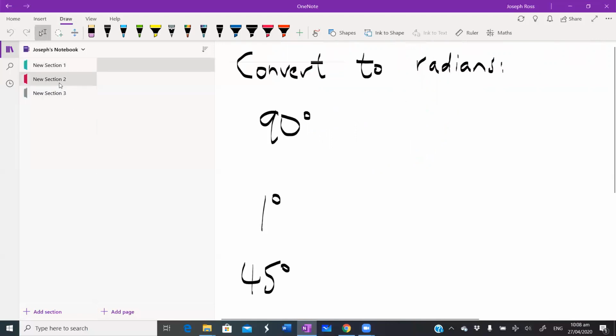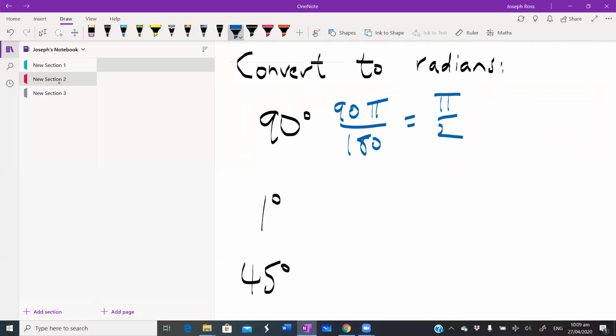So here we have a couple of questions. Convert to radians 90 degrees. So 90 degrees is 90 lots of 1 degree. And 1 degree, we already know to be pi over 180 radians. So we need to multiply 90 by pi over 180. So we get 90 pi over 180. And if we simplify, 90 over 180 is 1/2, so we get pi over 2.